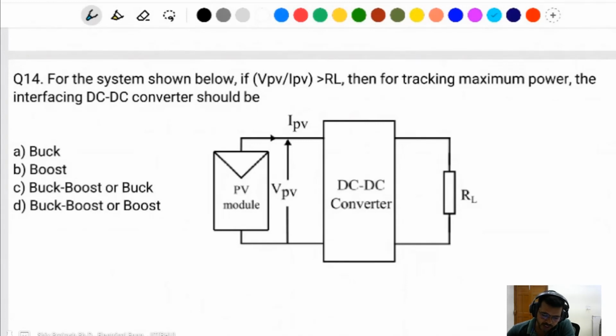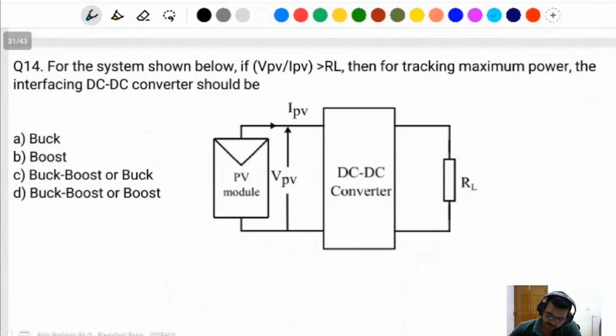Next question: for the system given below, if VPV divided by IPV is greater than RL, then for tracking maximum power the interfacing DC converter should be. RL is the same as V output divided by I output.